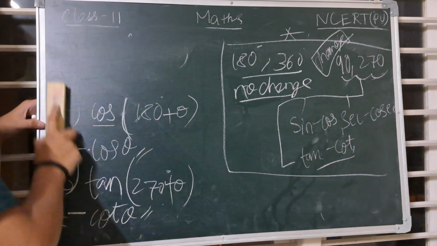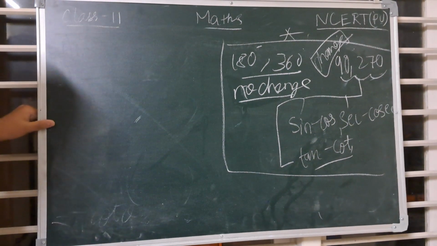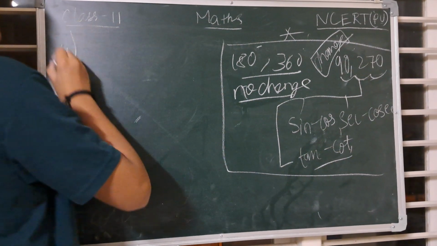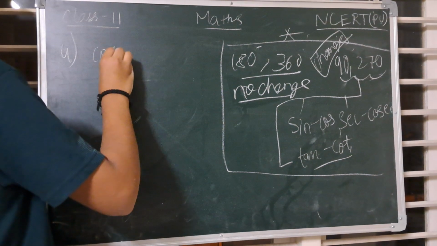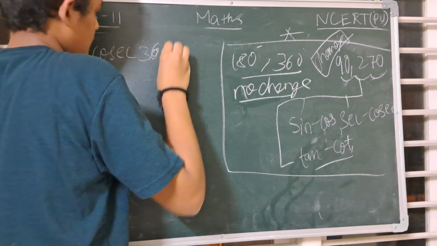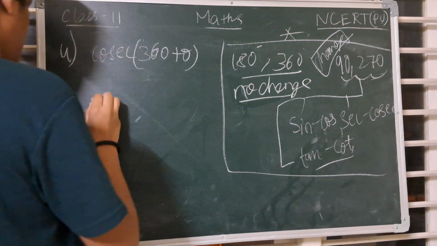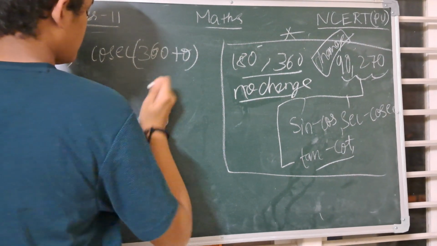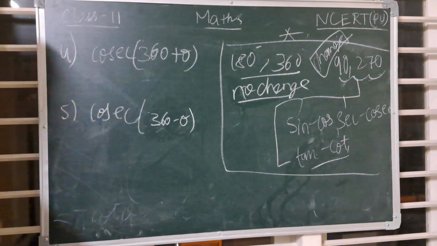Next we move on to 360 plus and minus theta. I will take the fourth one as cosecant of 360 plus theta, and cosecant of 360 minus theta.